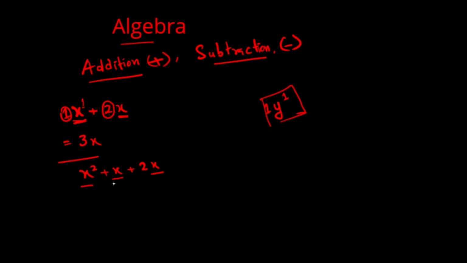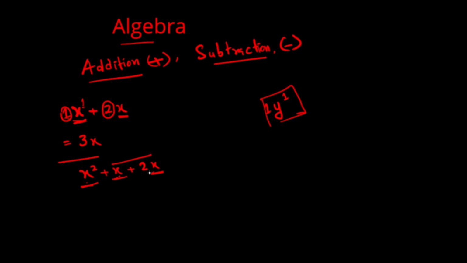First of all we will see the same terms. Here this is x and this is x, so these two are the same, so we will work on them. This is x square, which is a little different from these two terms.